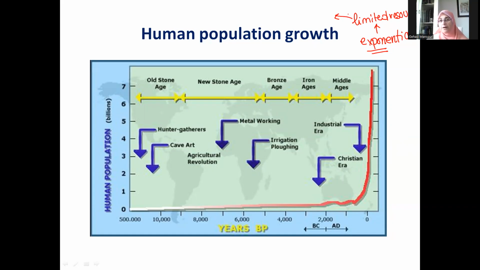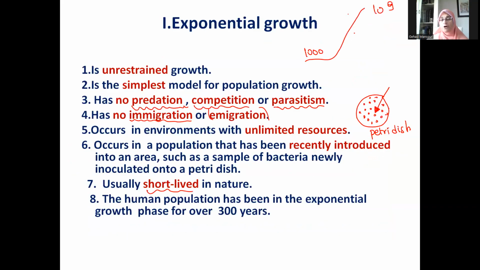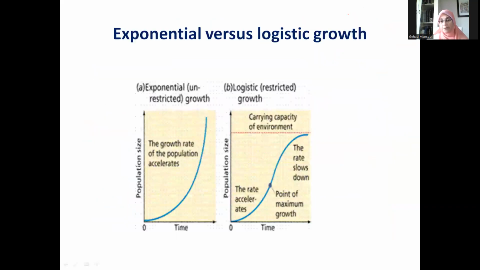So it's very logical that the exponential phase cannot last for a long period of time, because it will be self-regulated by, for example, limited resources and limited space.